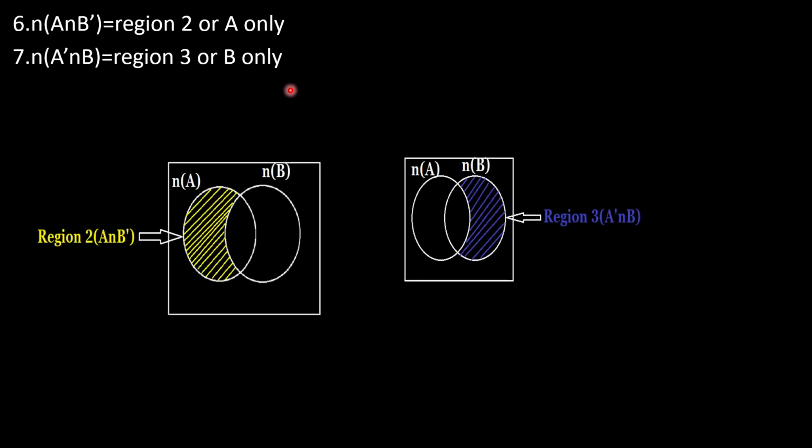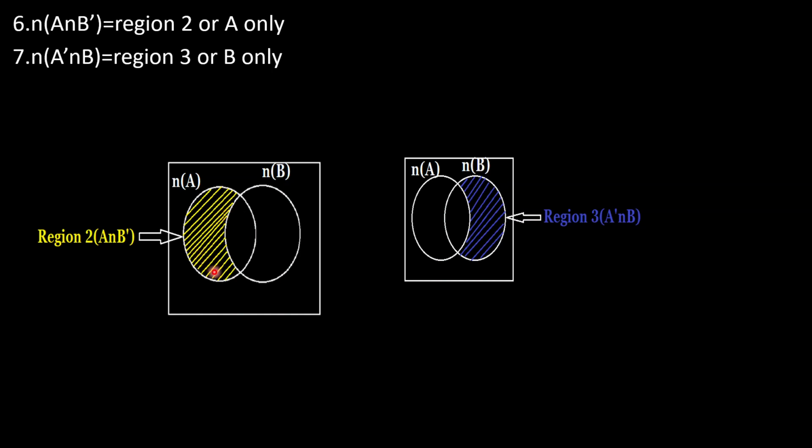Let's look at them in the diagram. So let's take trick 6. Number of A intersection B complement is region 2, or where the yellow hatching is. Note that the intersection was not shaded.